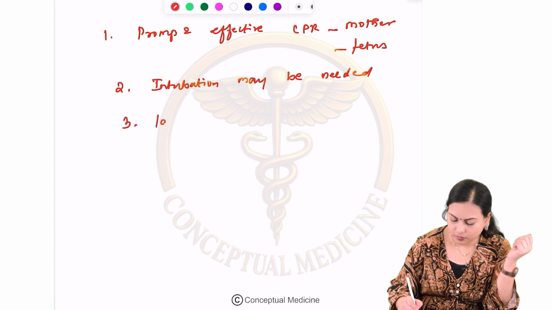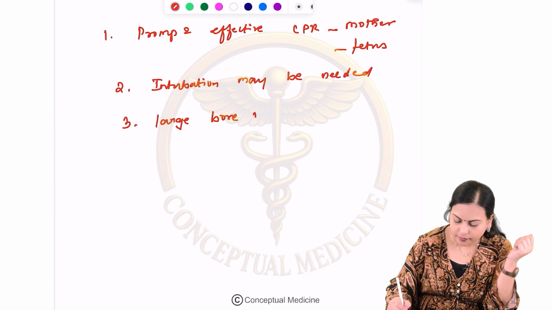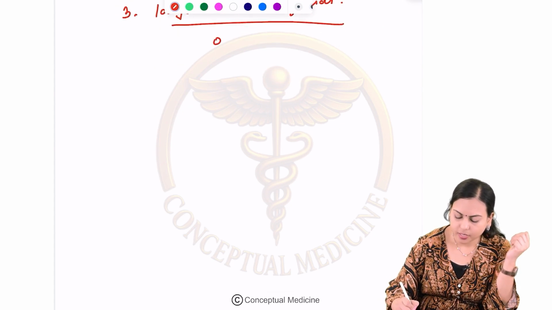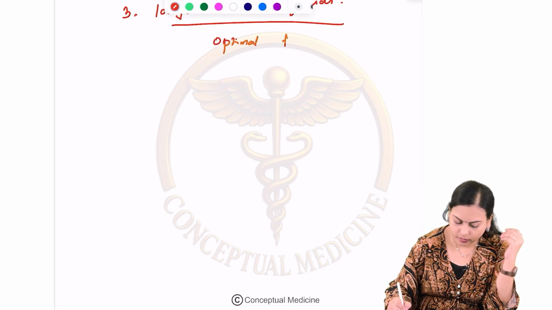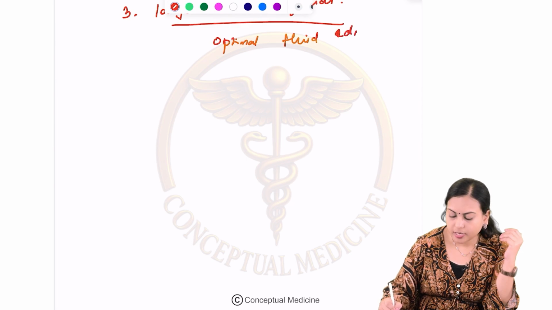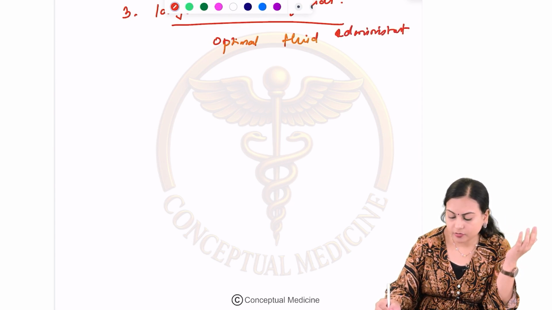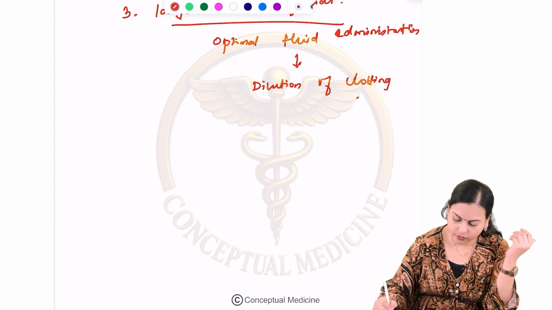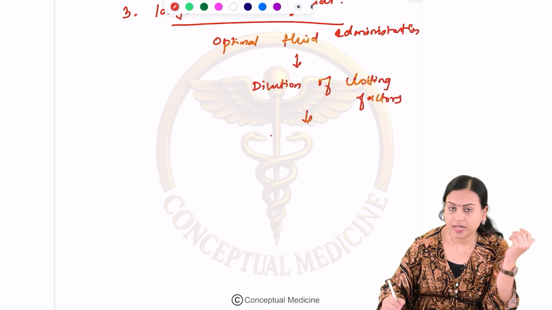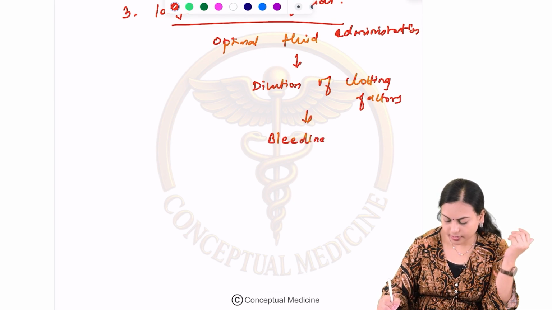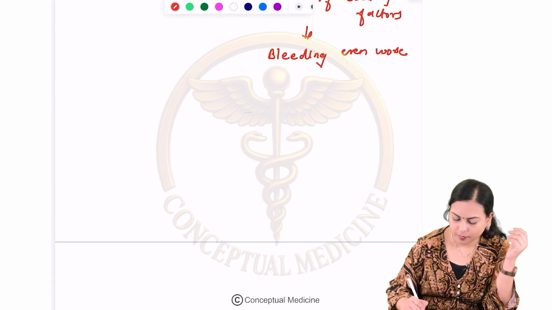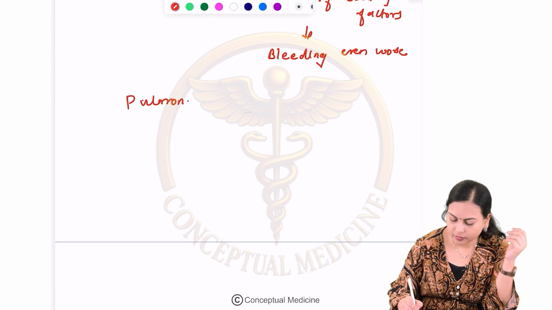You have to give large bore IV fluids through the cannula, but remember there should be optimal fluid administration, because if you give more fluids that will cause dilution of clotting factors, and dilution of clotting factors can make bleeding even worse.